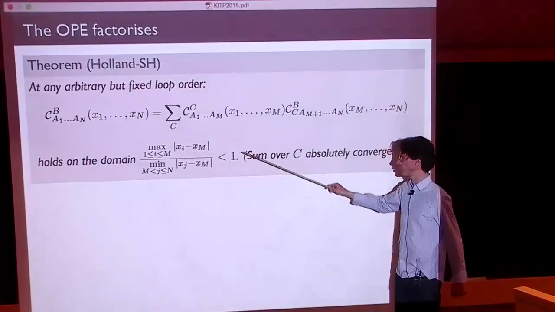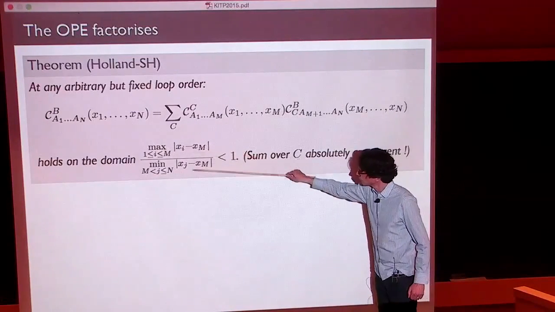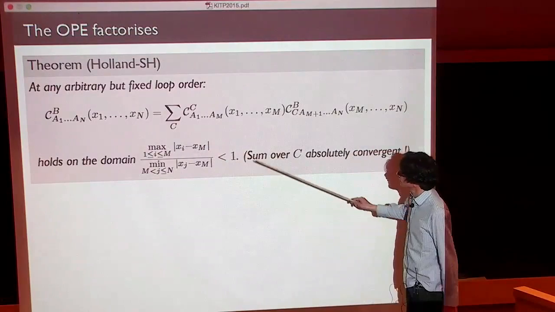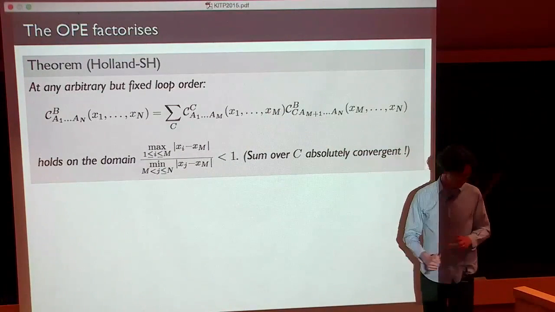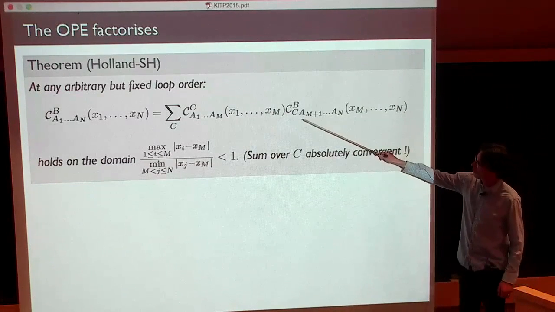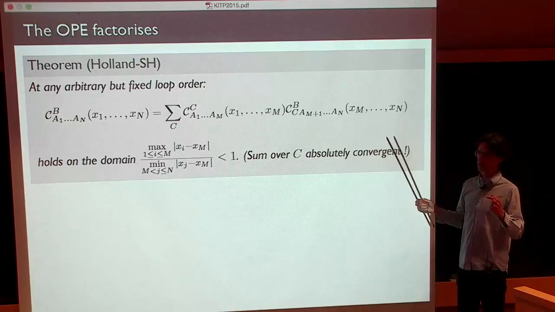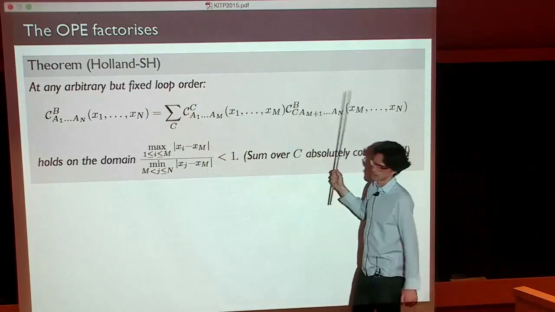This gives you how degenerate this is, and it has to be a little degenerate, otherwise the sum does not converge. So it's an absolutely convergent sum at each fixed order in perturbation theory. So you take the left side as L loops and the right side as L loops.